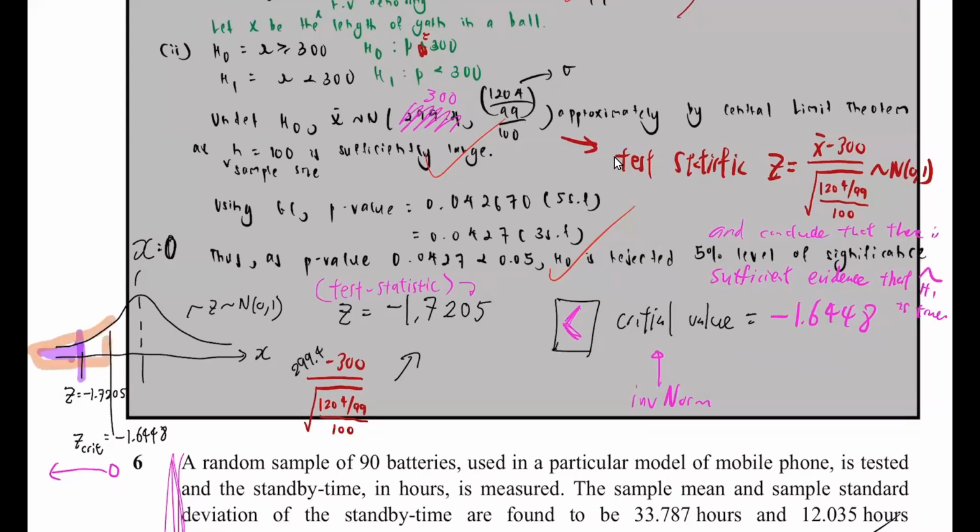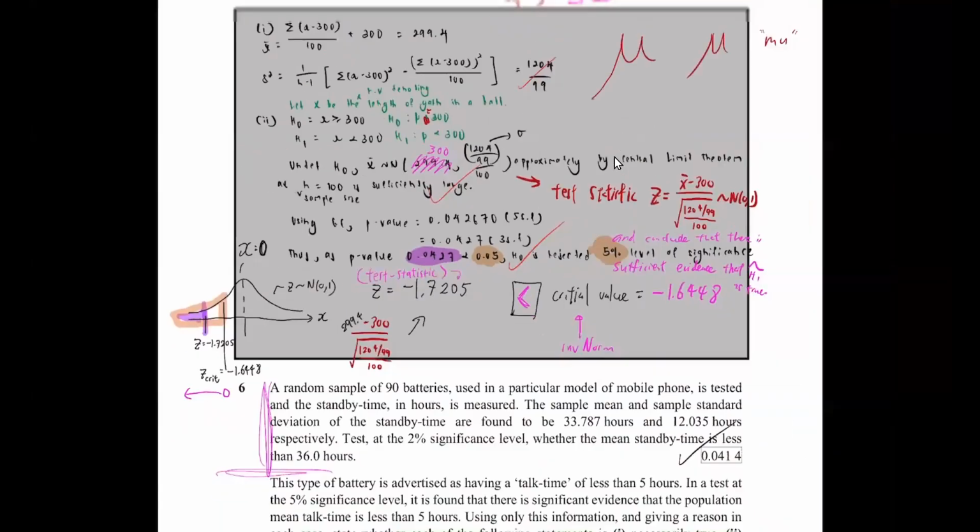It's here, this orange one. 5%, I'll highlight it. P-value 0.0427. Since the area, the p-value, is less than the alpha orange area, therefore we conclude that we reject H0. Okay, good. Moving on.